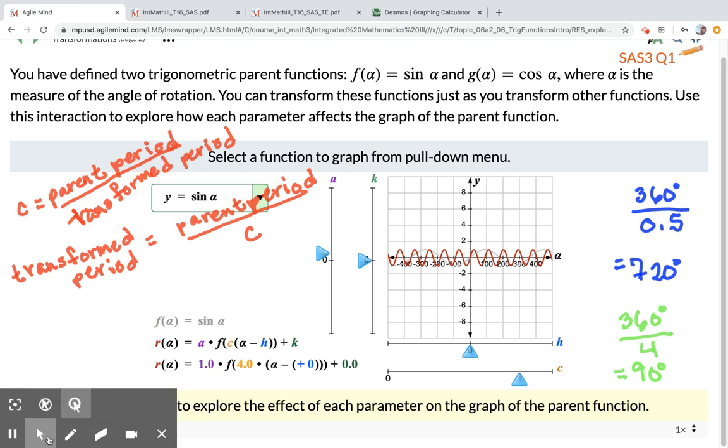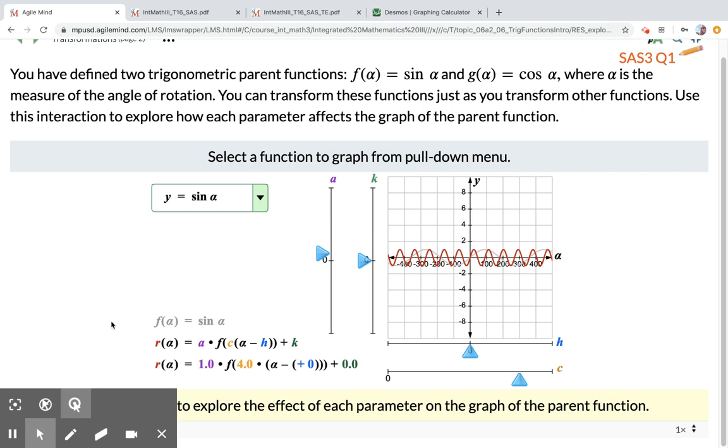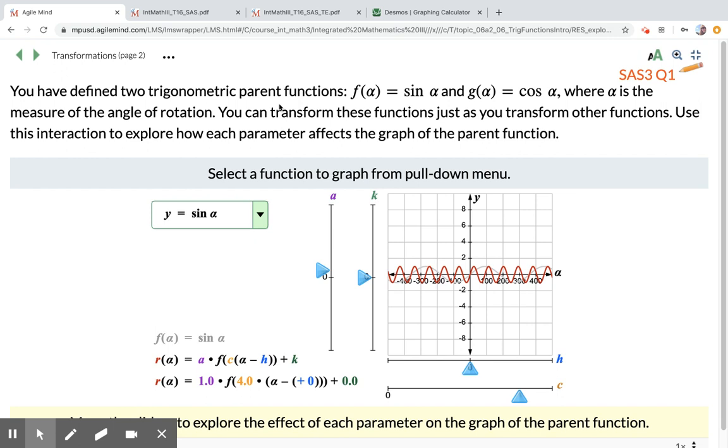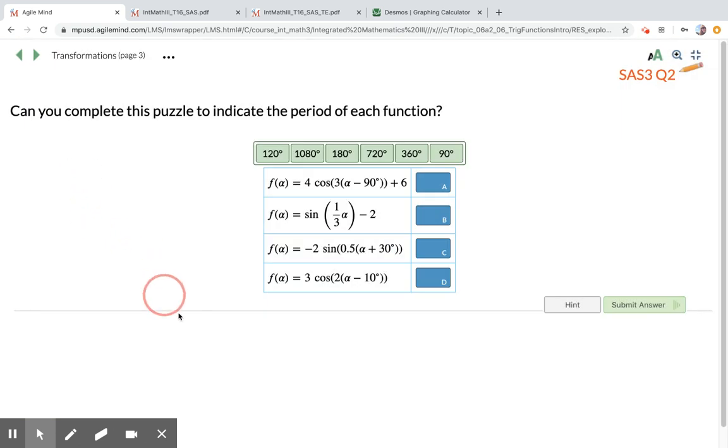Now, this may seem like I took a lot of time to explain that, but there's a reason. It's about to help you on question number 2. Now that you got that table filled in, you have so much junk on that table. I would like you to answer question number 2. Go for it. I would like you to find the period.